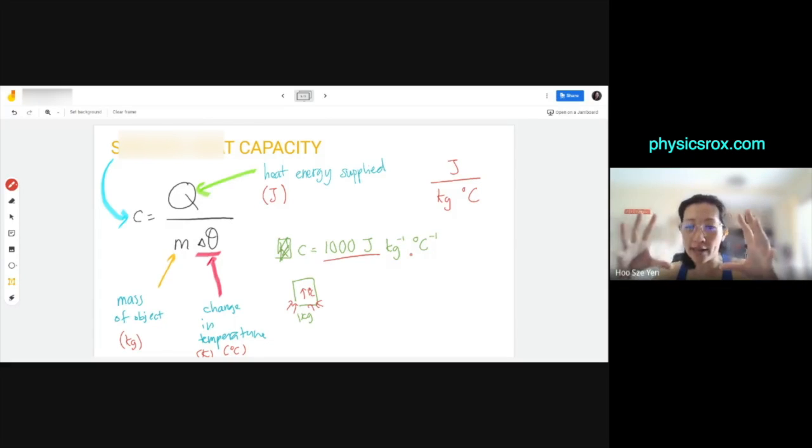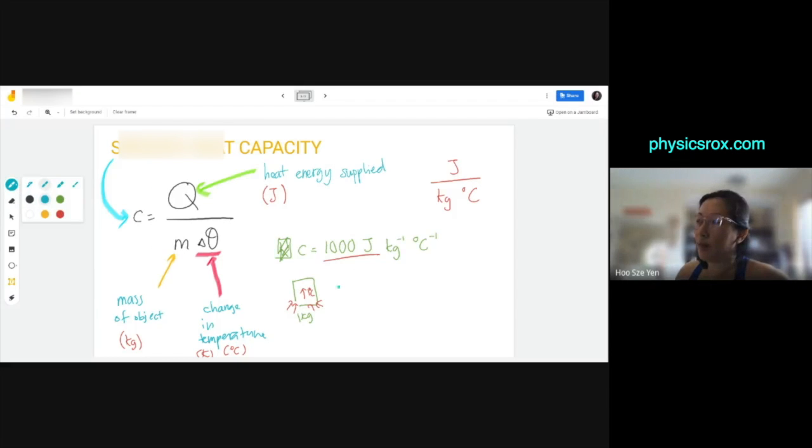You have 1 kg of water, you increase it by 1 degree Celsius, there's a certain amount of heat you need. Water has a specific heat capacity of 4,200 joules per kilogram per degree Celsius.